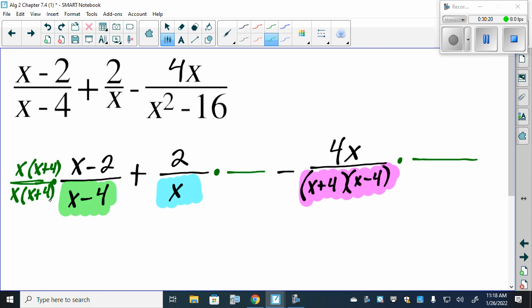So what does the x minus 4 have that the x doesn't? x minus 4. Okay, that takes care of everything, because we're not looking at what we're multiplying with it yet. And lastly, what does the x plus 4 times x minus 4 have that the x doesn't? x plus 4, yes?